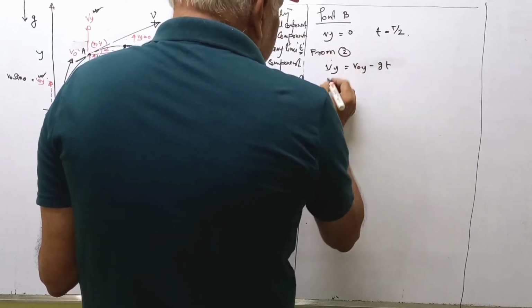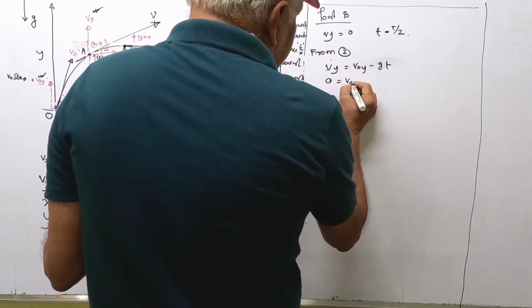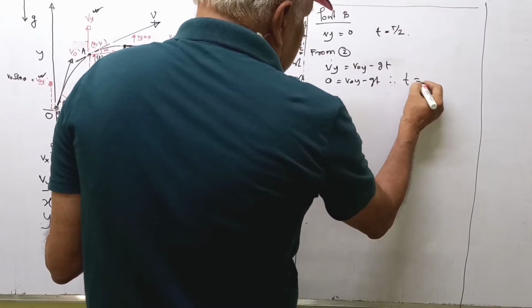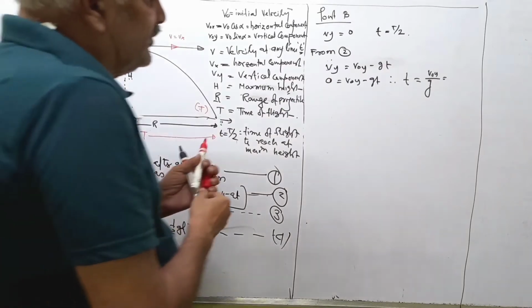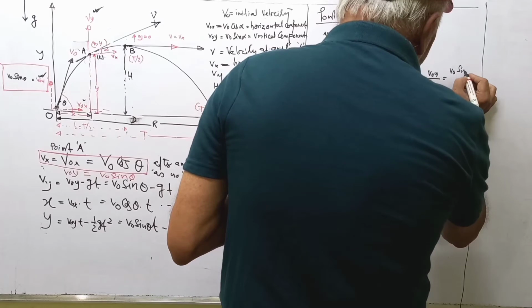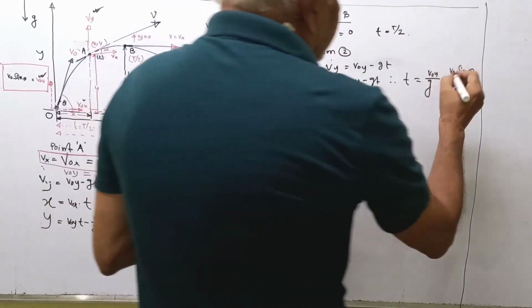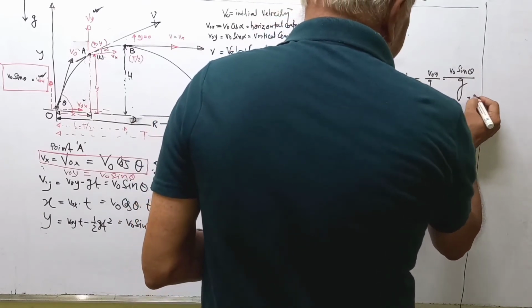Now put the value Vy equal to 0: v0y minus g into t equal to 0. Therefore t equal to v0y by g, that is v0 sin theta by g. This is my equation number 5.